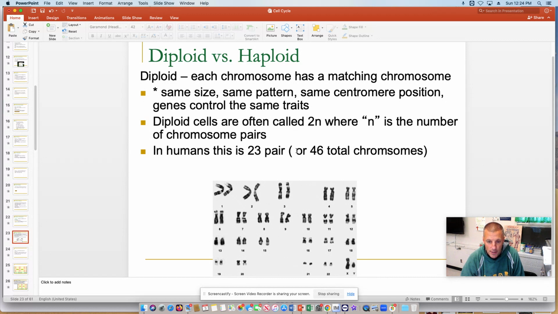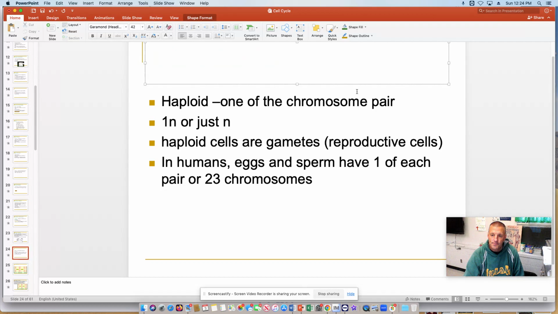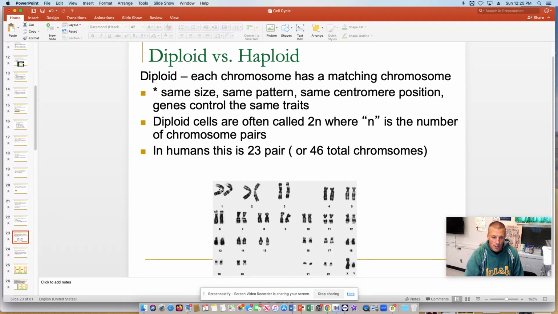In humans, this is 23 pairs of 46 total chromosomes. Okay, so haploid means one of the chromosome pair, or one N or just N. So if we go back to our diagram and we said, this is not true, but let's say that the one on the left came from mom.